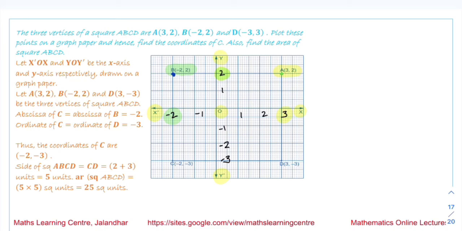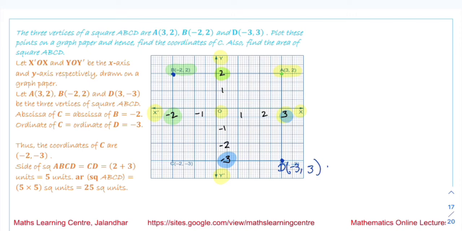When we are drawing -3, 3, it means -3 is on the x-axis and 3 is on the y-axis. So we have obtained this point over here and we say this is the point D, -3, 3.